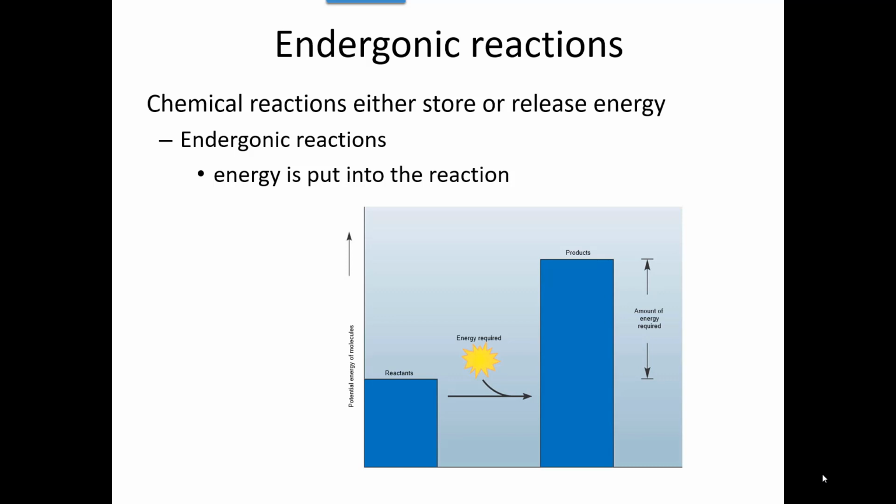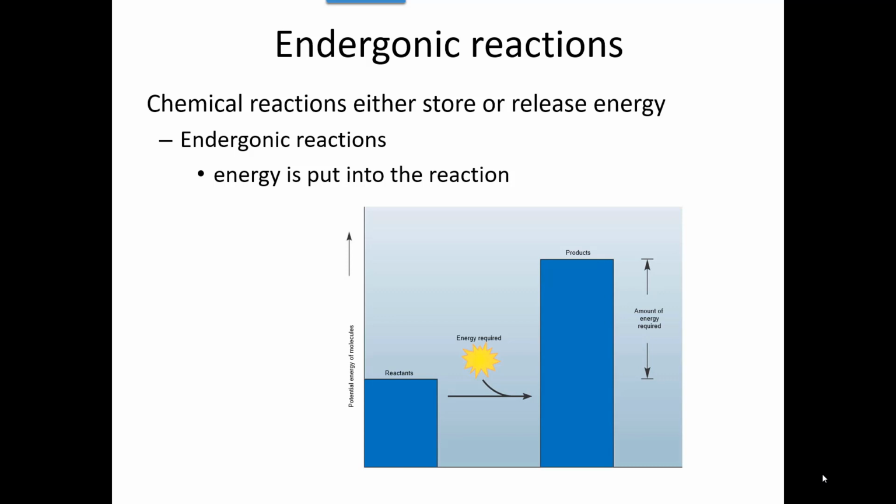Endergonic reactions means you have chemical reactions that are either going to store or release energy. So endergonic meaning we're going to have energy that is put into the reaction, and this is where you're usually going to have some stored energy. So we're going to put energy in and we can store that energy. Ender or end means in, and so endergonic reaction means energy is going to go in.